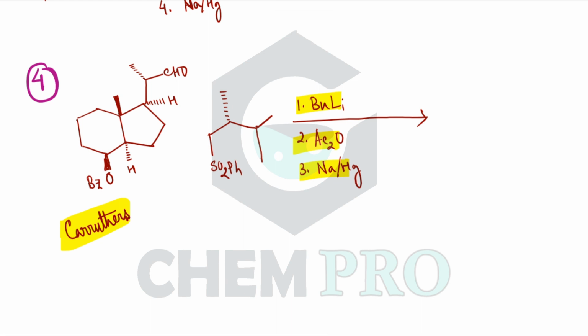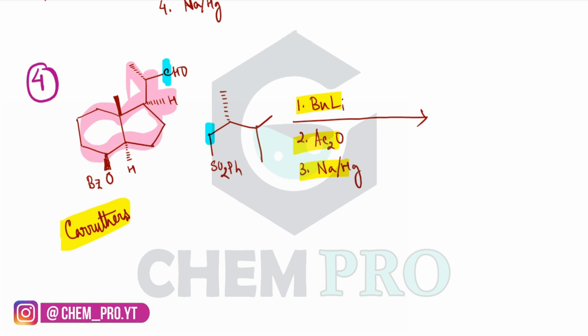Here we have to only look at the two carbons that will make the double bond, that is this carbon and this carbon. These two carbons will make the double bond, and the whole other part of the molecules, this part and these other parts, will be trans to each other.